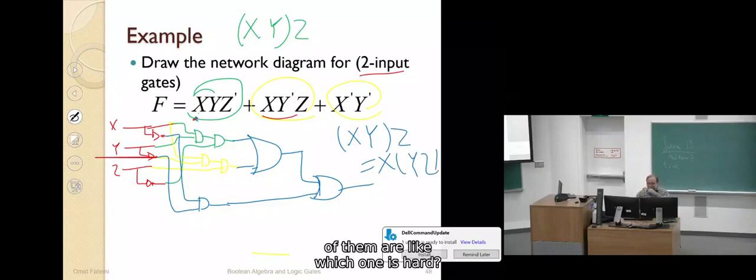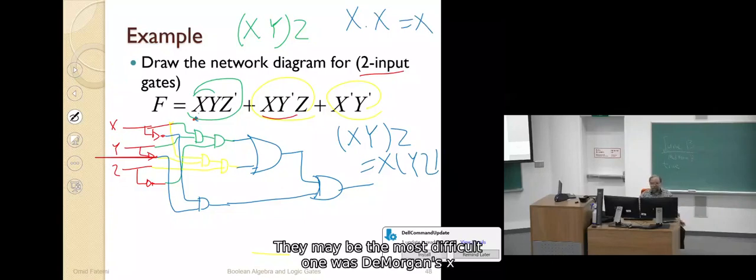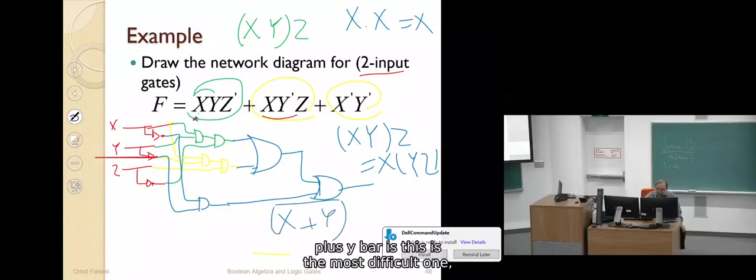Which one is hard? x times x is what? x. Okay. These are the rules. Maybe the most difficult one was De Morgan's. x plus y, bar, is, this is the most difficult one. What is that result? x bar and y bar. This is maybe the thing that you should memorize.